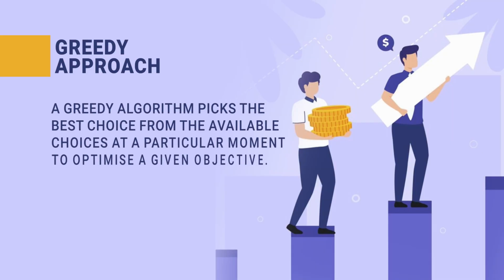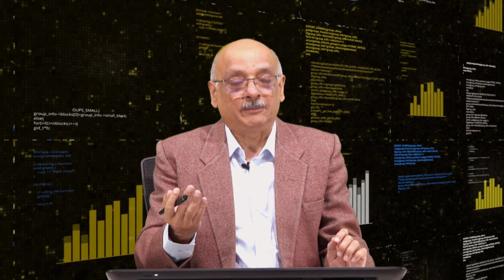A greedy algorithm picks the best choice from the available choices at a particular moment to optimize a given objective. Well, with Kruskal, we are trying to find the minimum cost spanning tree.